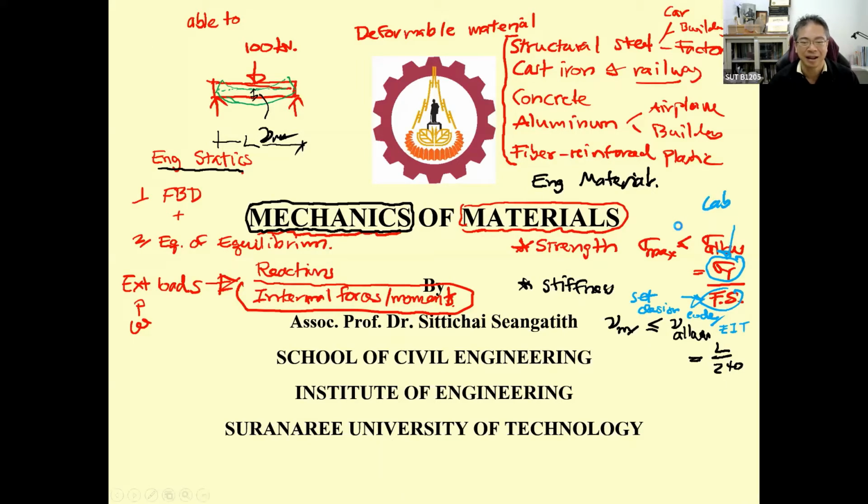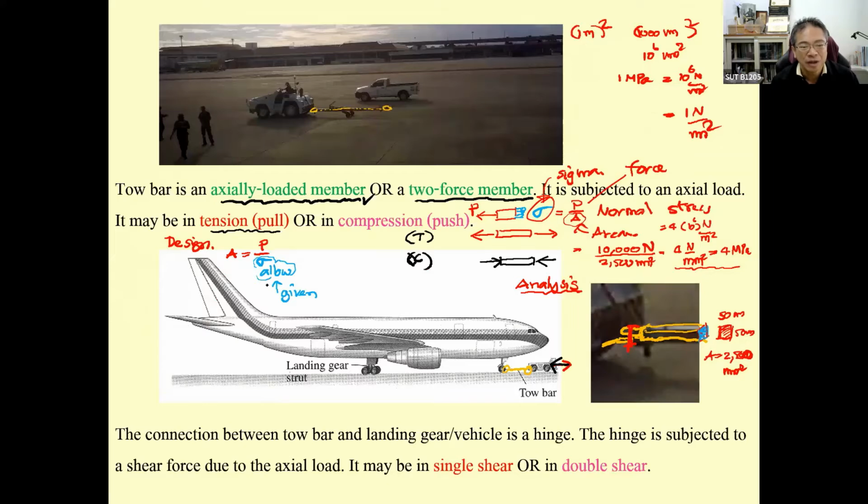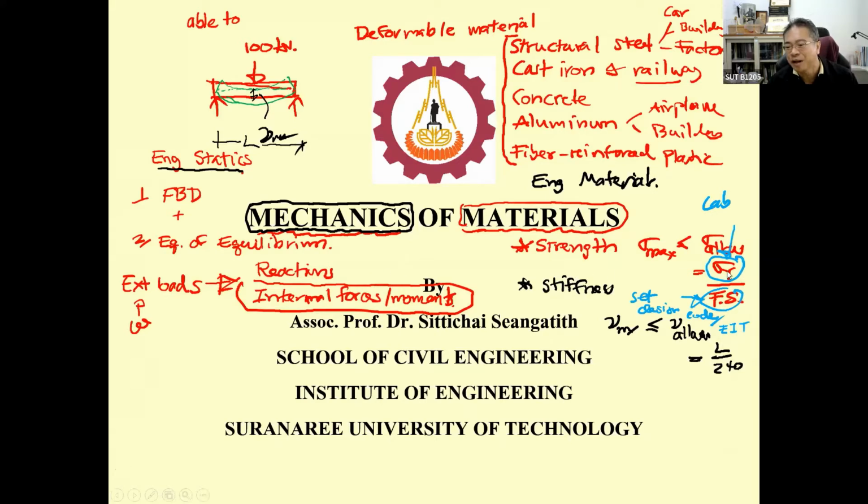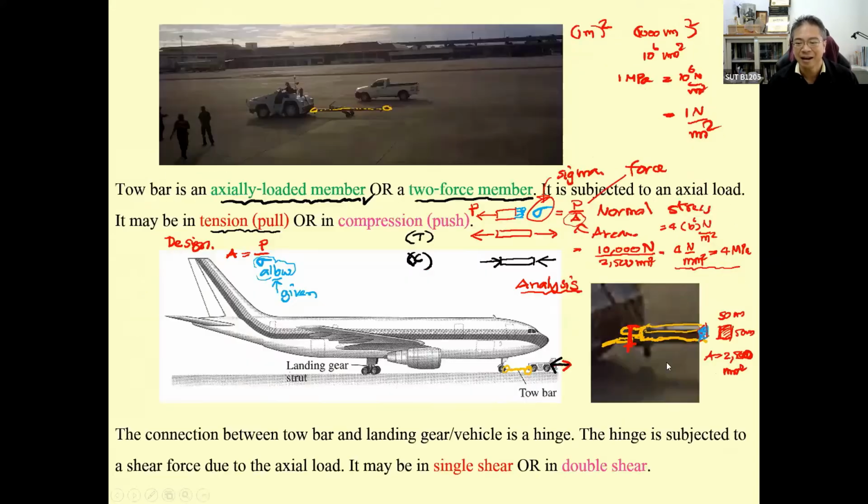In the problem, I will give you sigma allowable. If I do not give you sigma allowable, I will give you sigma yield and factor of safety. Then we just determine it, and I will do the calculation for this later. You will get the size of this.